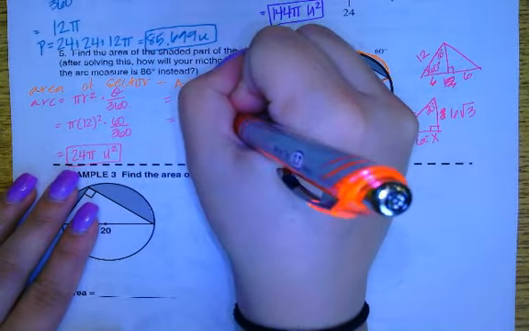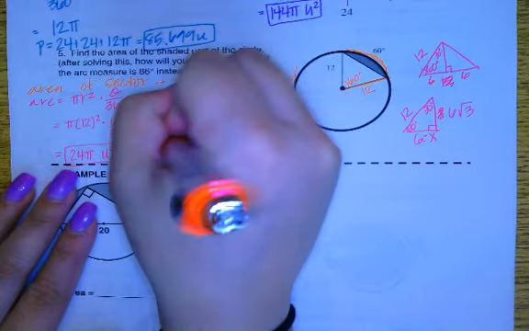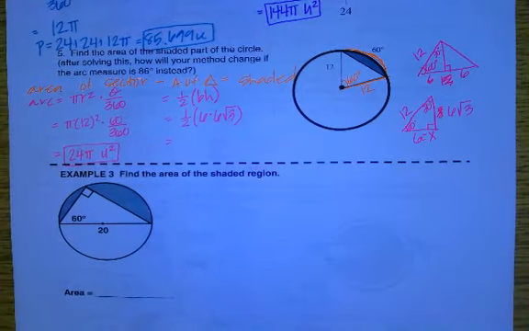Okay, so in your calculator, do that. 31.18. Oh, I made a mistake.